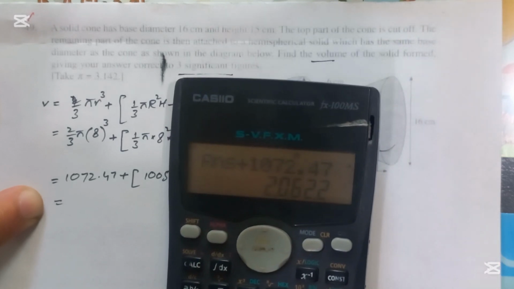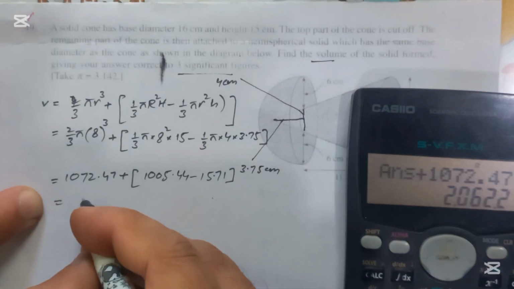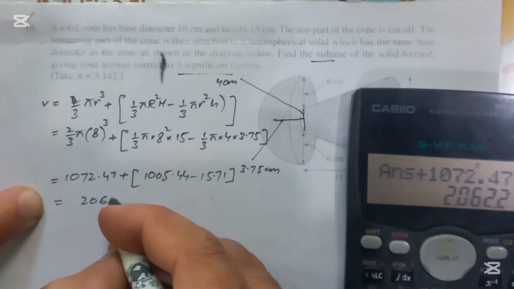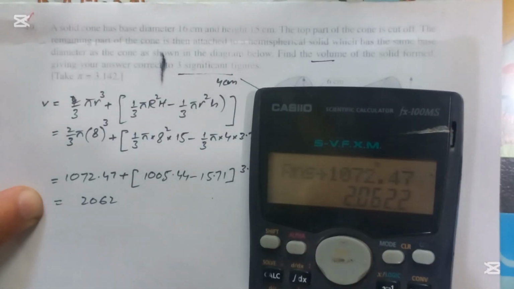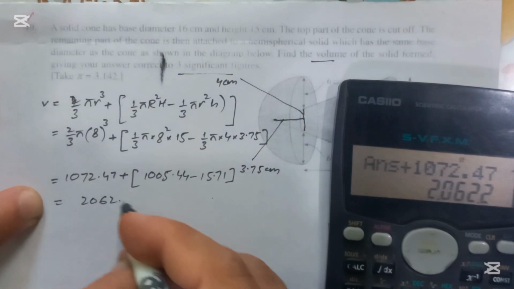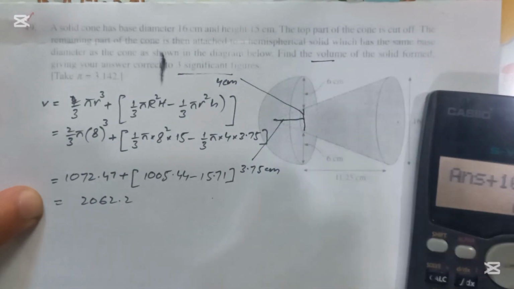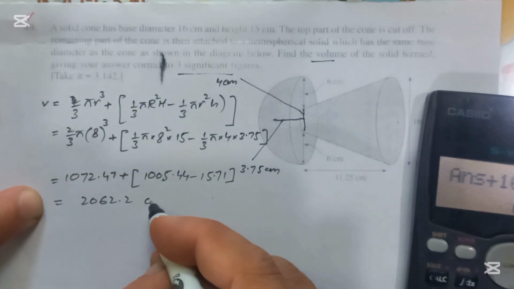Answer is 2062.2. So this is the answer of the volume, and unit will be centimeter cube.